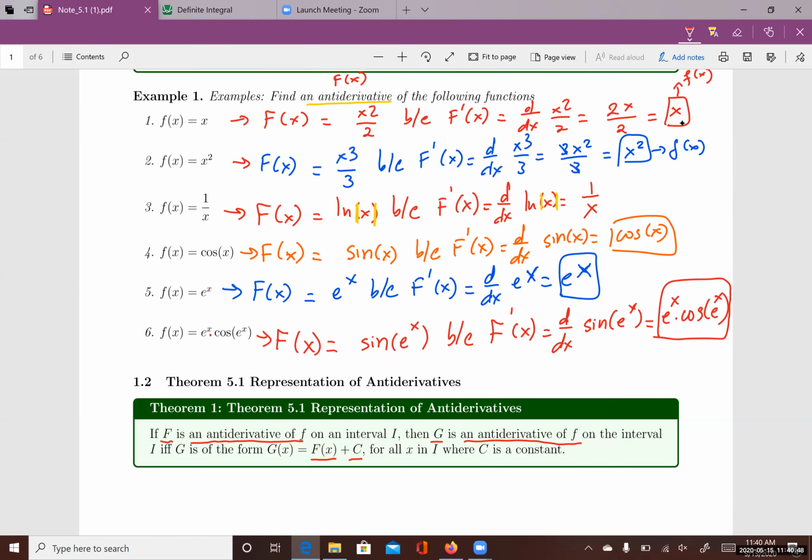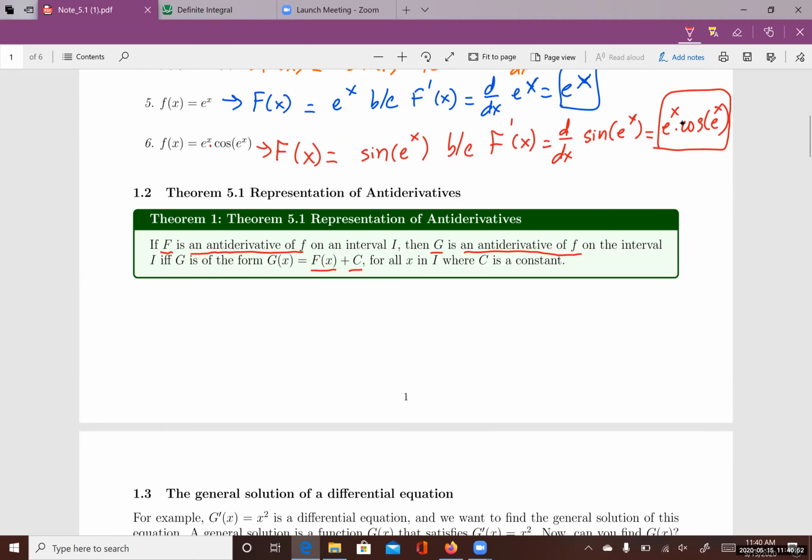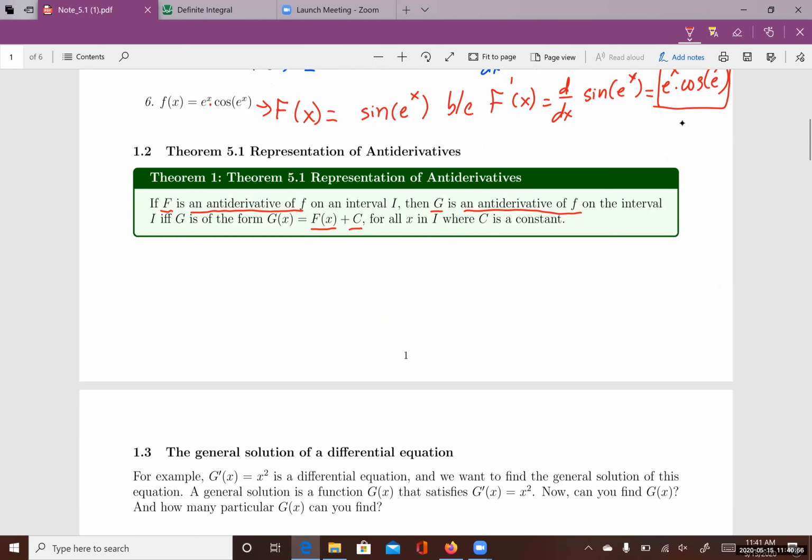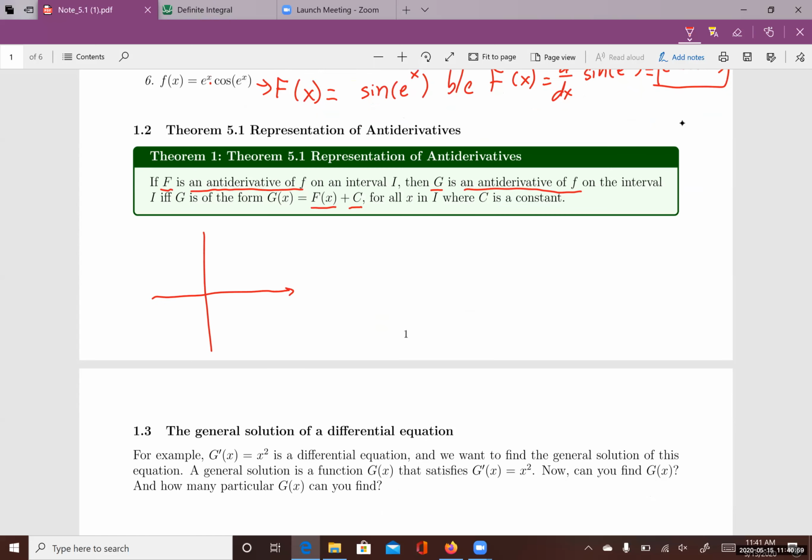Let's look at this function f of x equals x. An antiderivative of f of x that we found is x squared over 2. So let's say this is x squared over 2. It's one antiderivative that we found earlier.